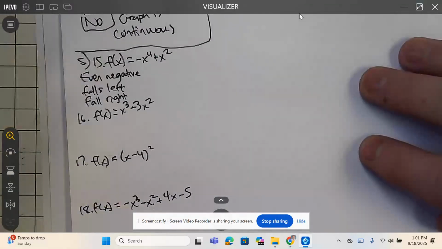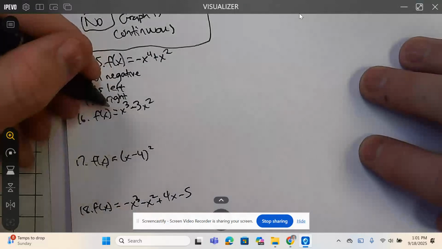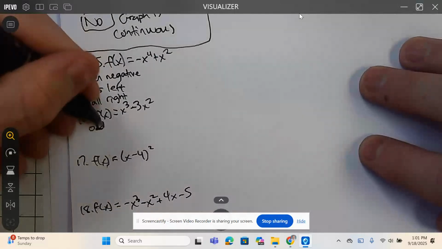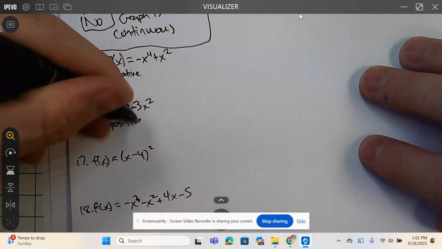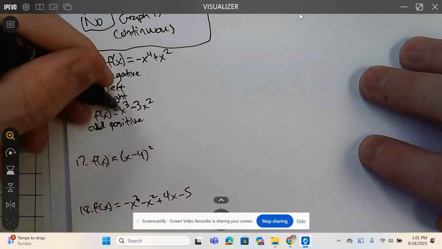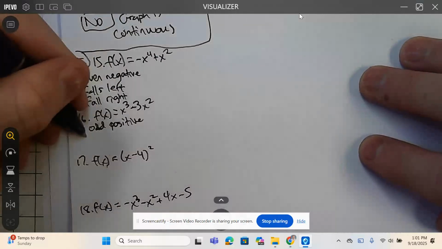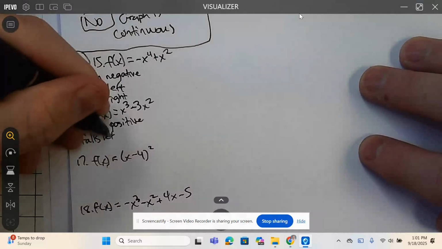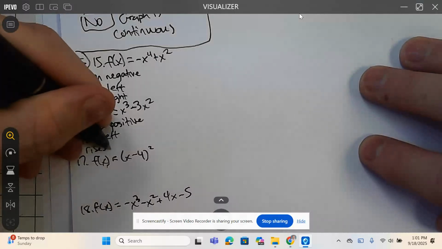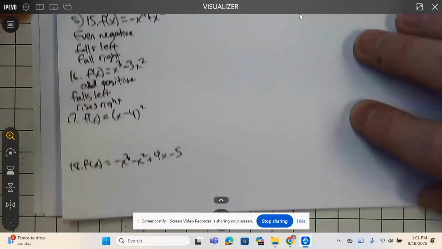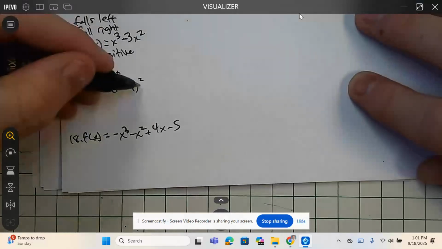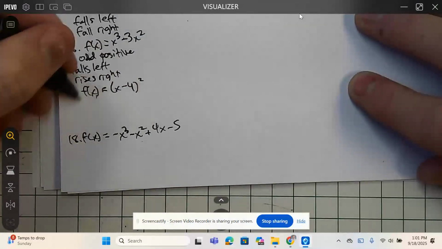The next one is an odd positive. Odd because its highest exponent is 3. Positive because it's got a positive leading coefficient. So this falls left, rises right. This one's an even, and it's positive.